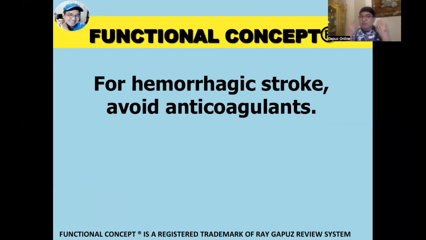So if the patient is suspected of having hemorrhagic stroke and the patient is taking ginkgo biloba, that's a red flag. Or the patient is taking aspirin because of arthritis, that's a red flag. Or if the patient is taking other herbal remedies like chamomile, ginger, garlic, ginkgo, and ginseng, these can potentially worsen bleeding.